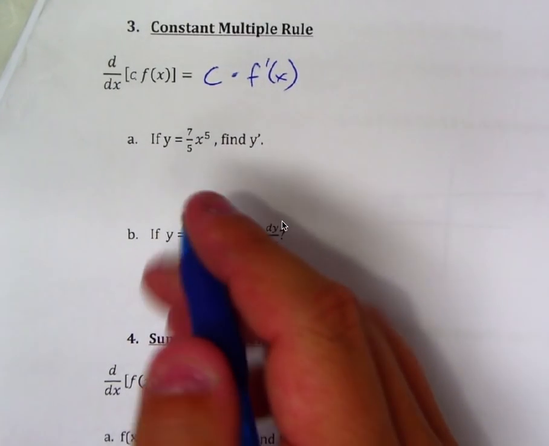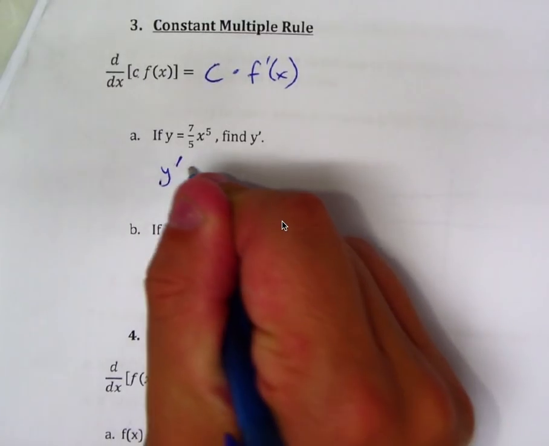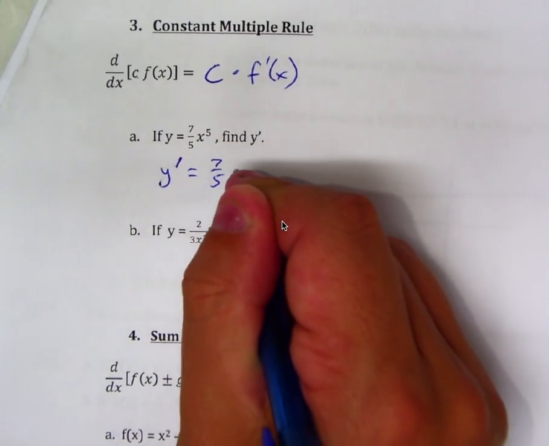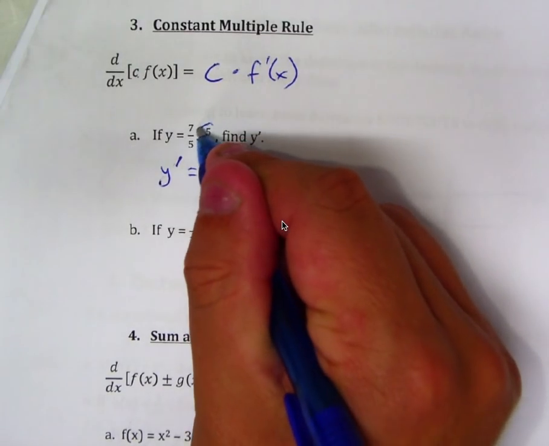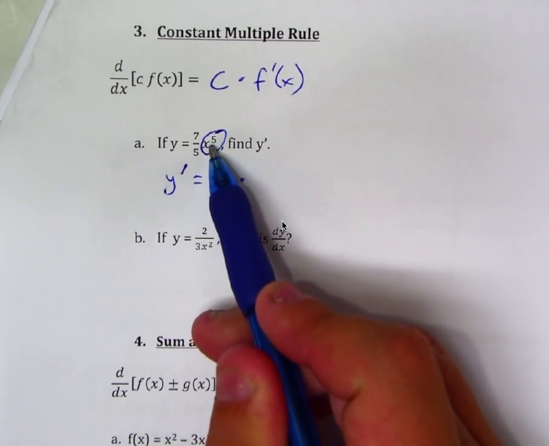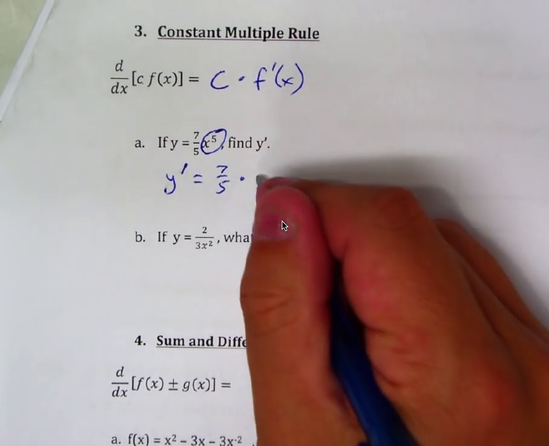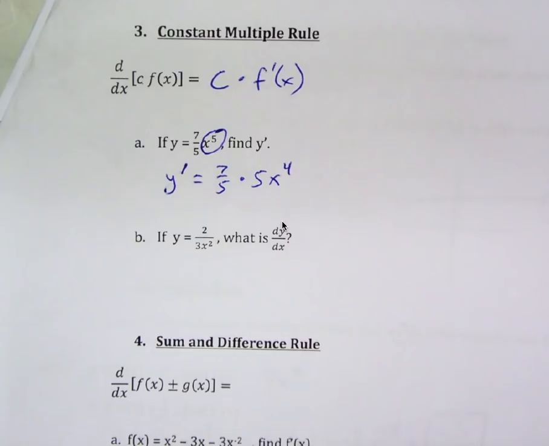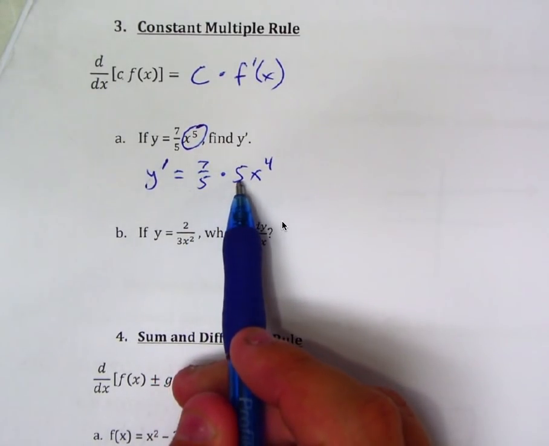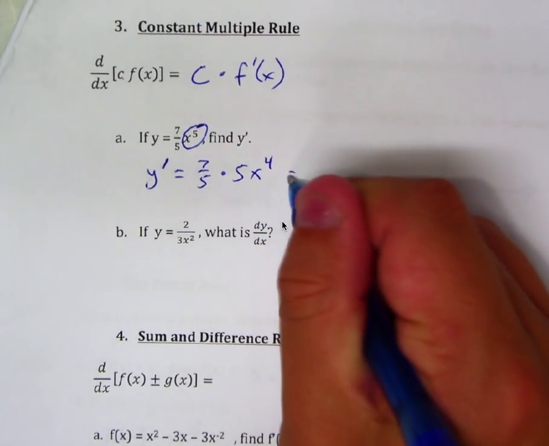So what we can do is take the constant, 7/5, and multiply that by the derivative of x to the 5th. Think about what the derivative of x to the 5th is. Well, that would be 5x to the 4th. And then you can multiply the 7/5 and the 5 together, and you get 7x to the 4th.